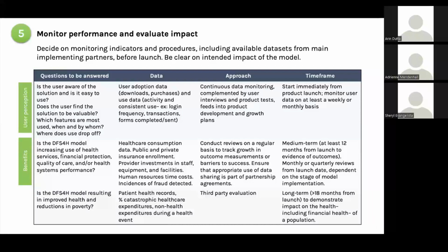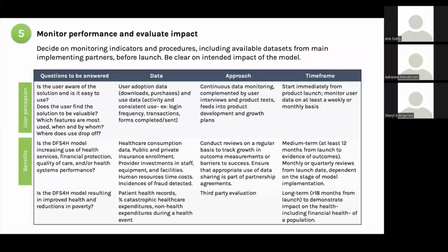Are they working better because of the adoption of this service, of the digital financial services? So we can look at that consumption data. We can look at insurance enrollment. What is the time spent by staff towards different administrative processes now? Are we able to detect more incidences of fraud? And we should be conducting these reviews on a regular basis, so that we can track growth in the outcome measurements and also identify barriers to success early on.